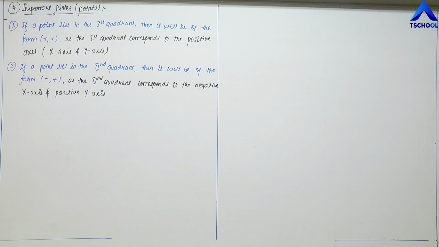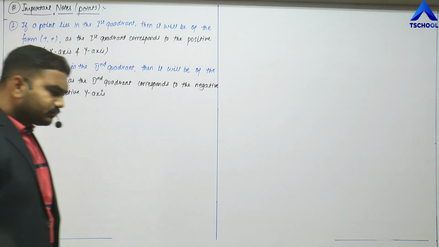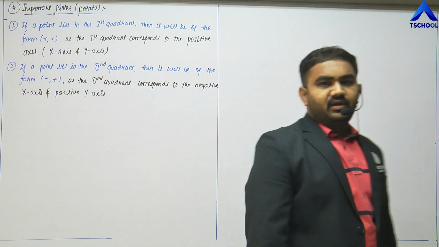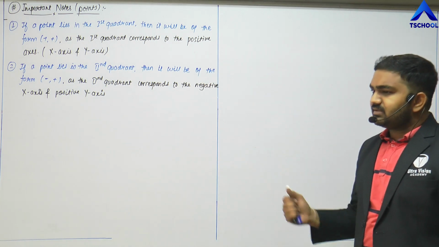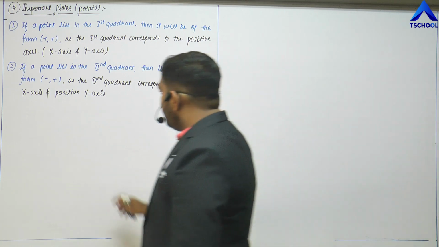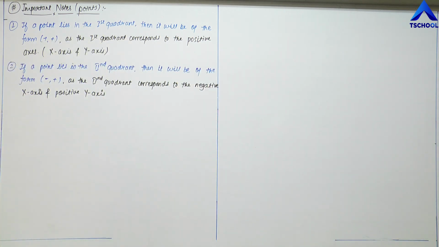See friends, the second quadrant will be minus plus, as we have discussed, that the sign of the coordinates of a point lying in the second quadrant will be minus plus. That means the x coordinate will be minus and the y coordinate will be plus, right?